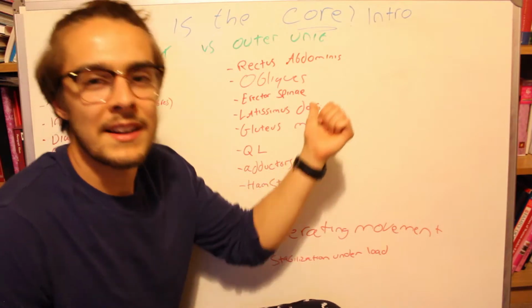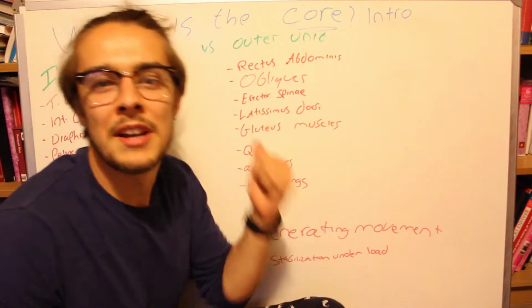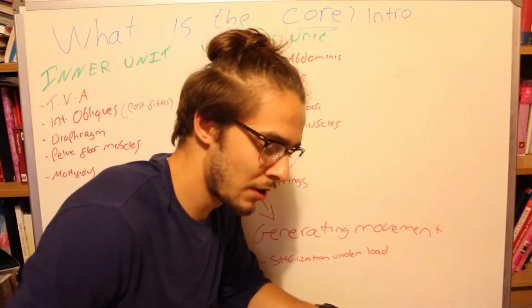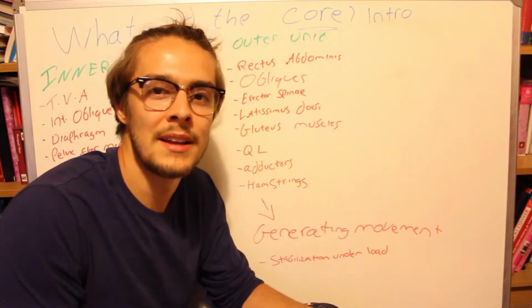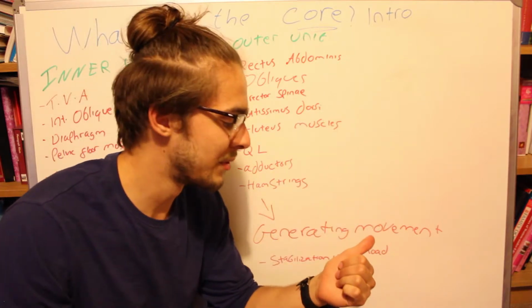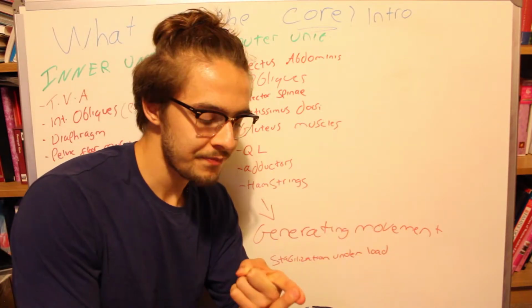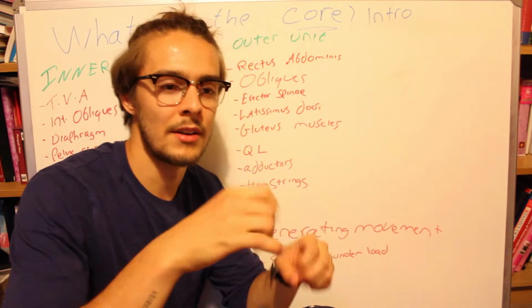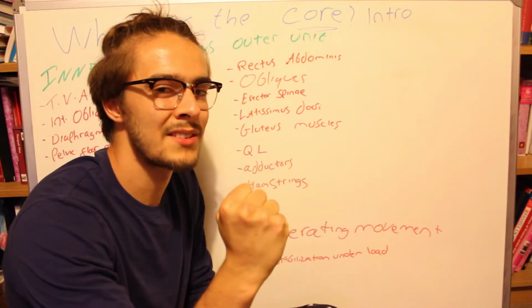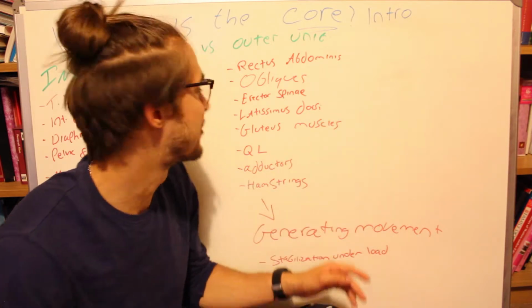Then you have your Erector Spinae group, which is a group of 3 different muscles that run laterally down your spine. They are all responsible for the same sort of movements: extension of the spine when activated both at the same time, or when one side is activated it causes lateral flexion of the spine.